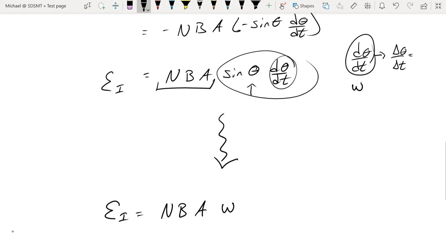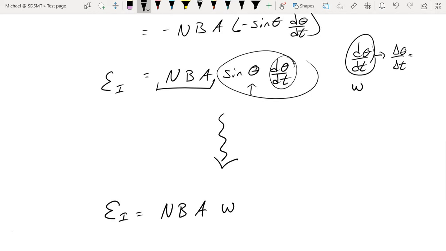But then theta, it would not be all that easy for us to measure the instantaneous value of theta at any given time as this coil is spinning, especially if it's spinning at a fairly fast pace.